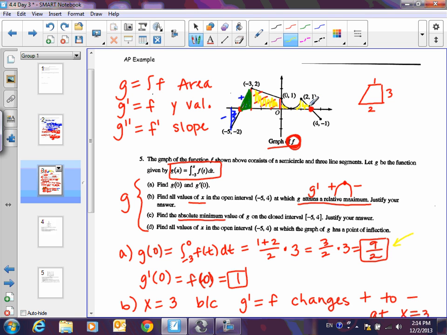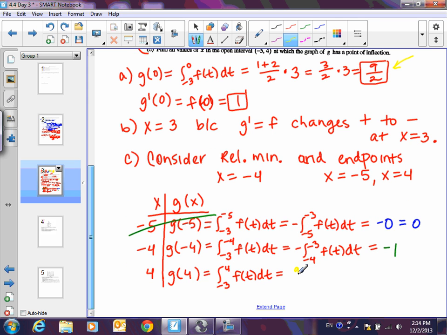But then I've got this triangle and then this triangle, which I'm going to subtract, and they're the same. So yeah, this whole part doesn't matter. They're going to cancel just like how in the beginning. So I have 9/2 plus something, which means that the integral itself is going to be positive.